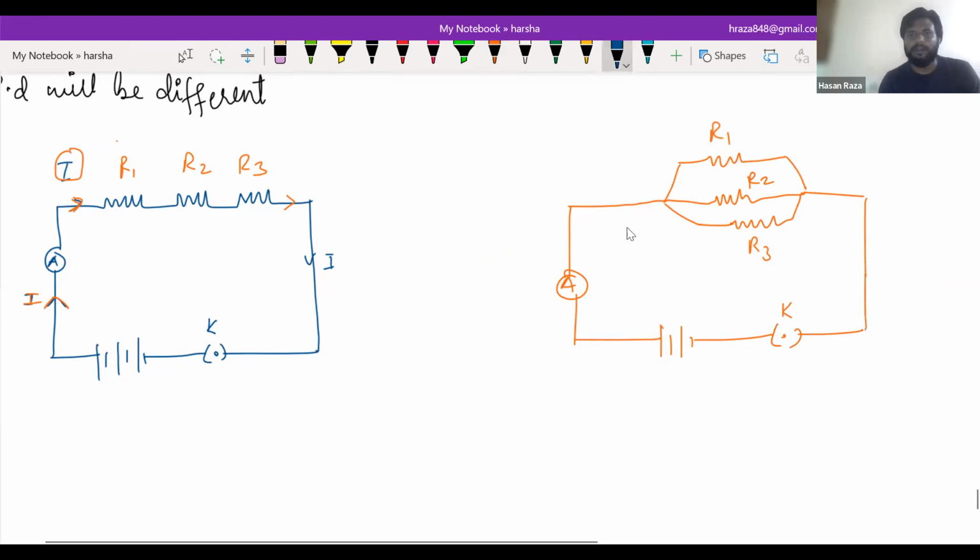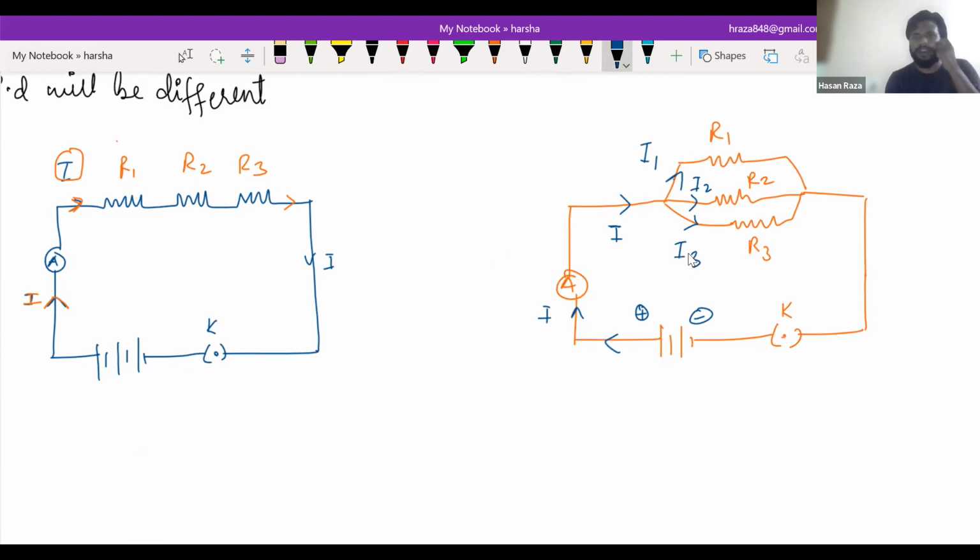Now see, this is the positive terminal, this is the negative terminal. Current will go like this. When current reaches here, it has three different paths to travel. This I will be distributed into three parts: I1, I2, I3.